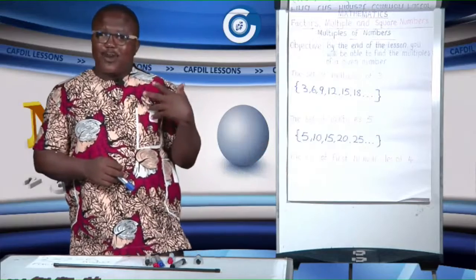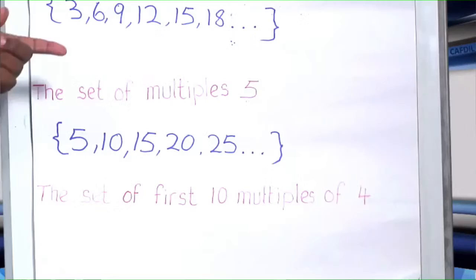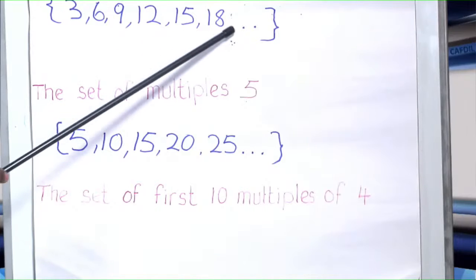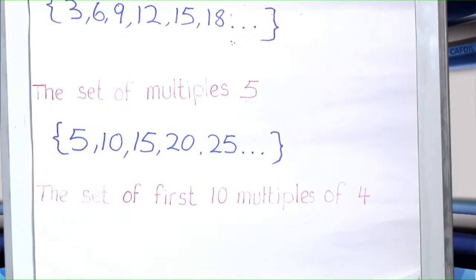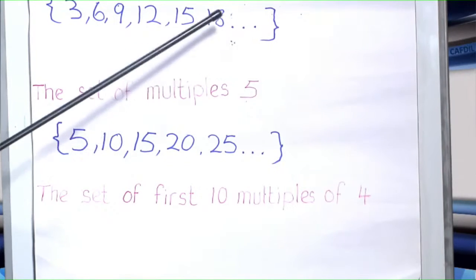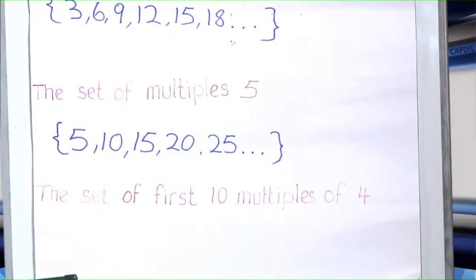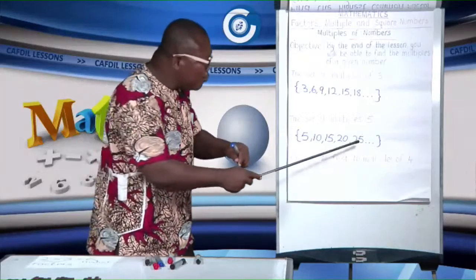When they ask you to write multiples of numbers, this is what you are supposed to present. If you forget to bring this, you get it wrong. The dots are telling us something. The dot has its meaning. So you are supposed to place it there.